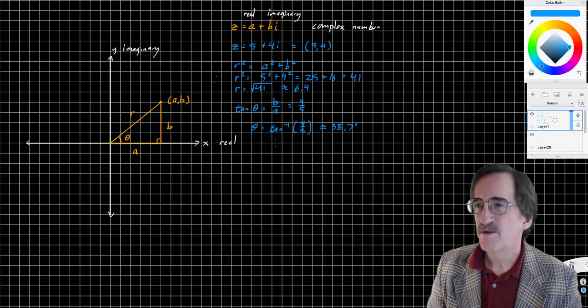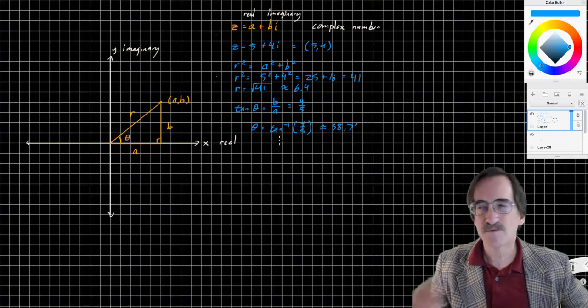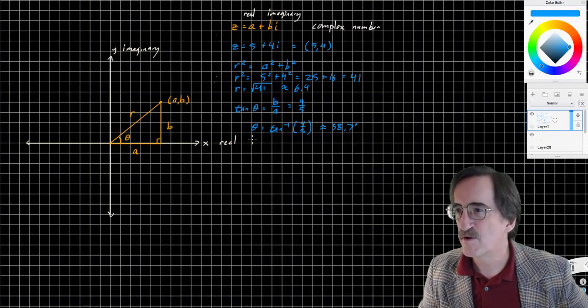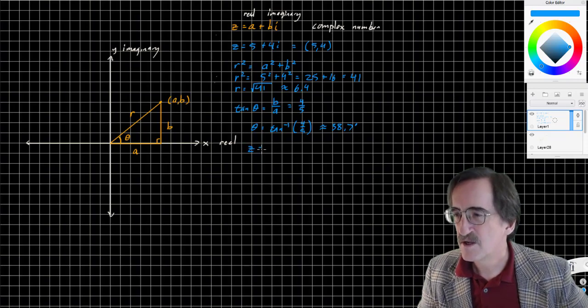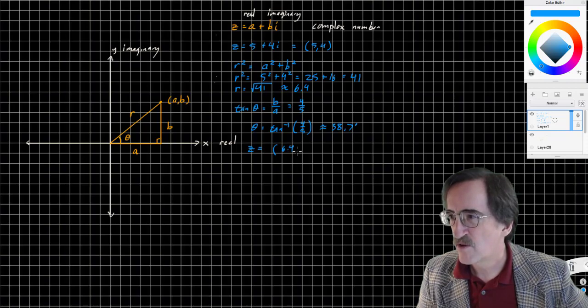There's a couple of ways we can express this in polar form. One way: z equals r theta, so r 6.4, theta 38.7 degrees.